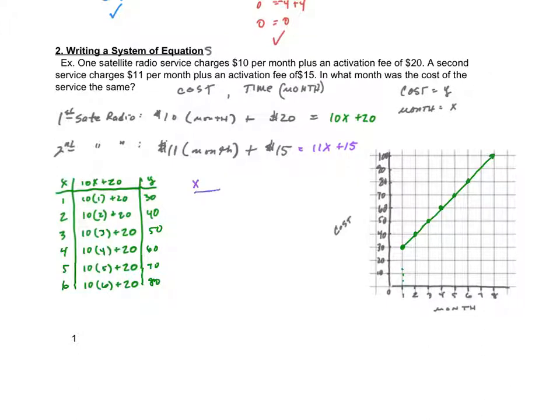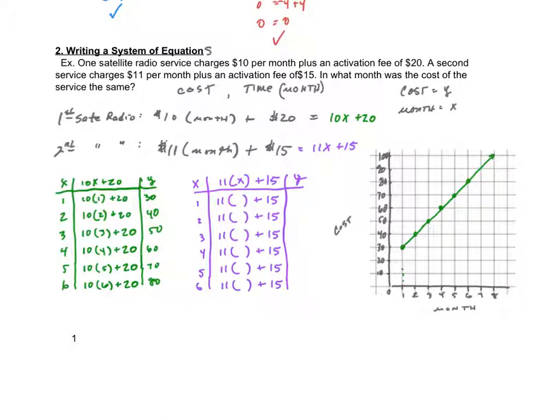As we put values of x in, the cost was determined to be 11 times the number of months plus 15. That will give us the corresponding output of our y, which is going to be our cost. So we have 11 times some value plus 15. The first month, $11 times 1 plus 15 is going to give us 26.